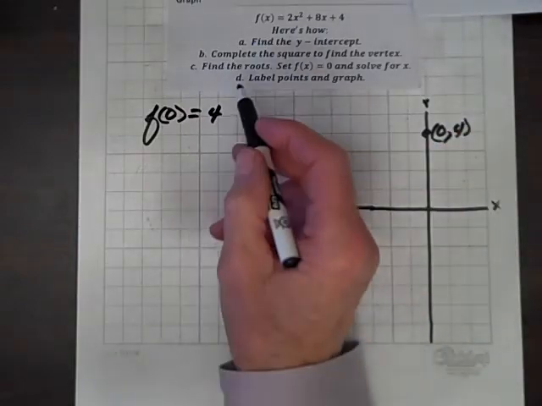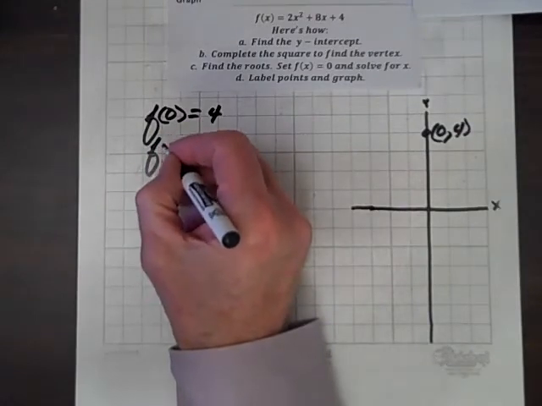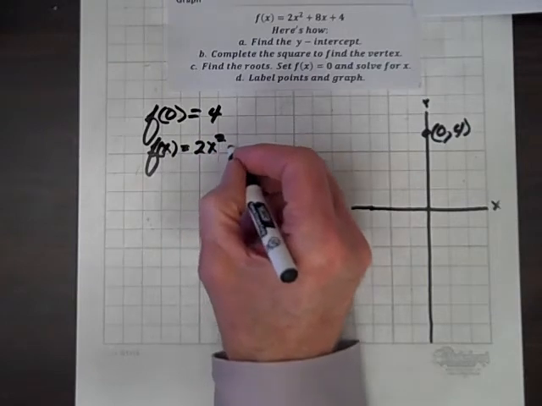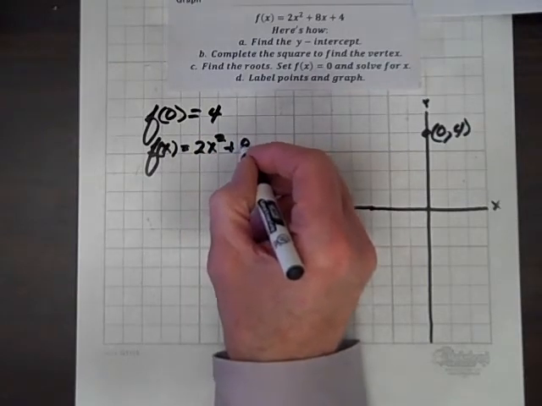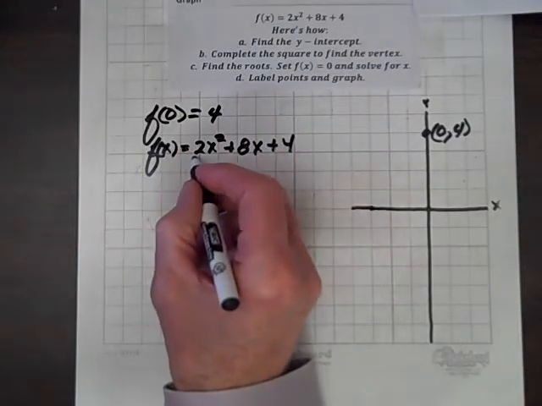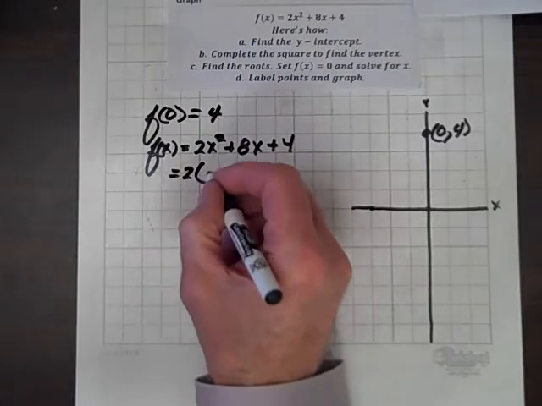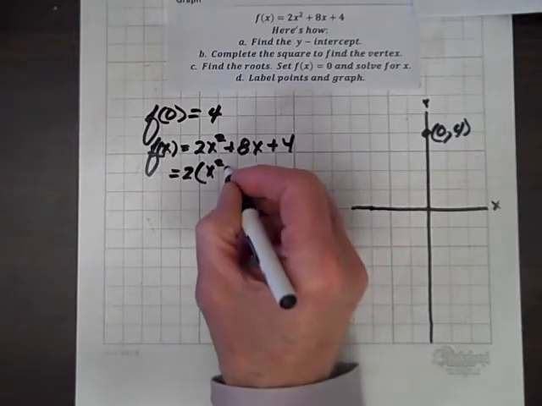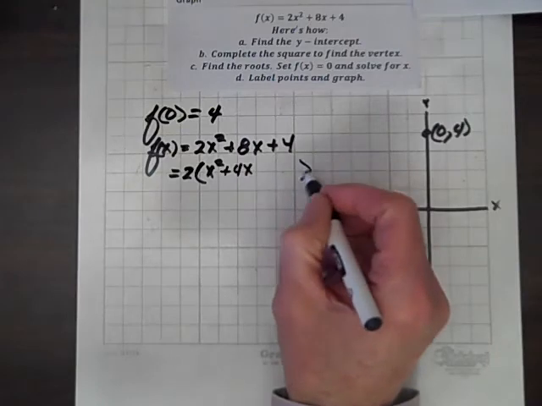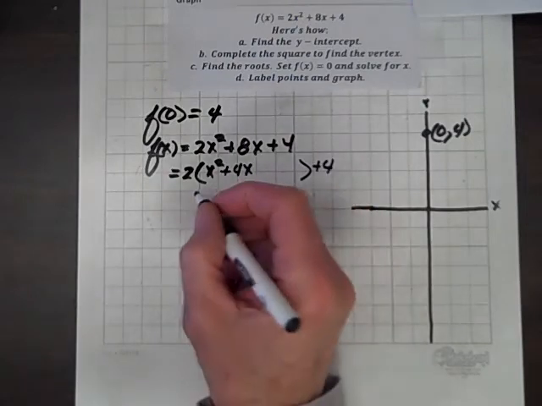Okay, next step. We've got to complete the square to find the vertex. So f of x equals 2x squared plus 8x plus 4. So we'll factor a 2 out of the first two terms, and this equals 2 times x squared plus 4x, leave a space, and put our friend Mr. 4 outside the parentheses.